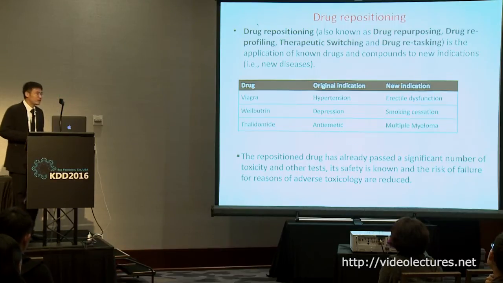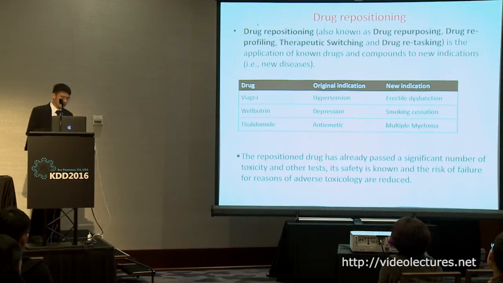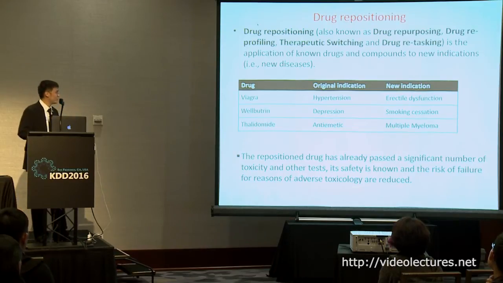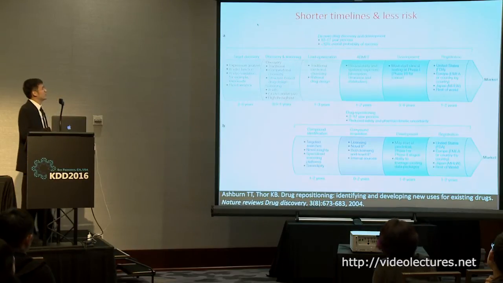The benefit of drug repositioning is that the repositioned drug has already passed a significant number of toxicity and animal tests. So its safety is already known, and it will reduce a lot of time and save a lot of money.